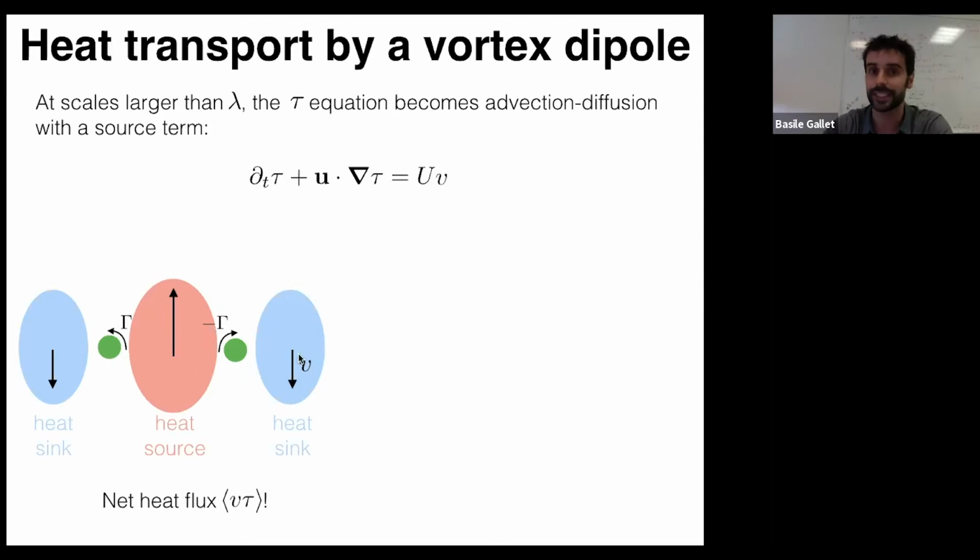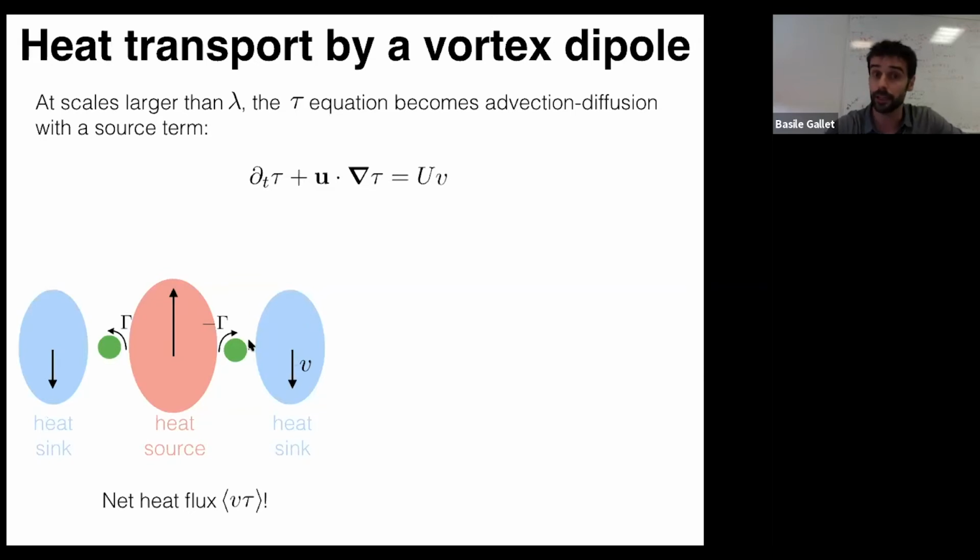So these sources and sinks, they're directly correlated with the sign of V of the meridional velocity, which means that V times tau is positive here, and it's also positive on both sides of the dipole, okay? So I will have a net heat flux V times tau in this configuration.